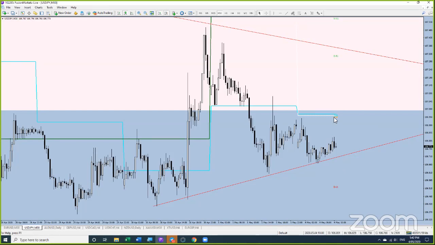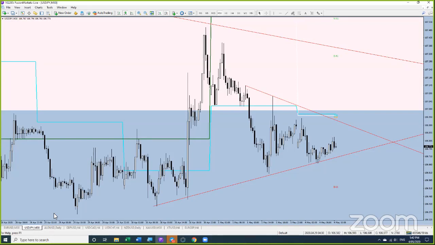So I need price to get back up to here at least on a 30-minute chart. If it were to do that, I may well have good reason to trade it short from there. So price up to here, come back underneath resistance, retest it as resistance, and away we go. On a 30-minute chart, that's entirely possible. And that's the only way I'd like to trade US dollar yen today.